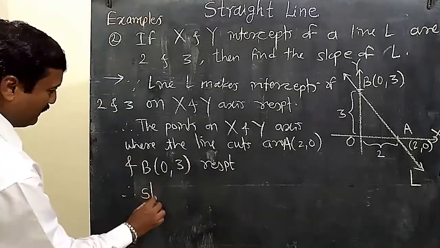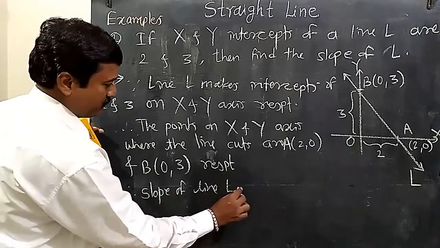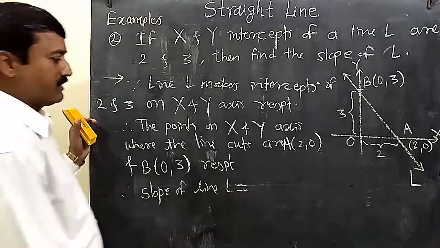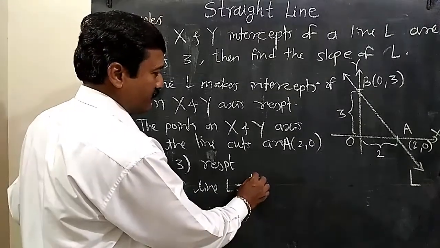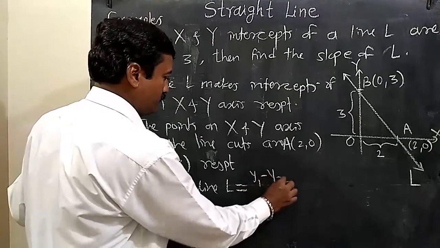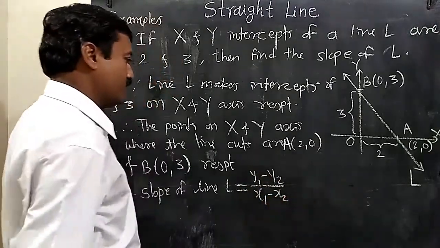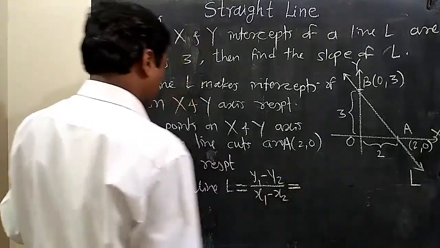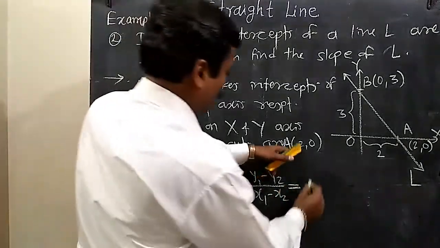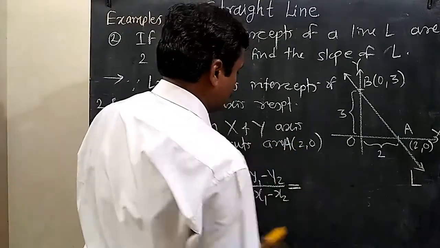Therefore, the slope of line L is equal to, by using the formula, (y1 minus y2) whole divided by (x1 minus x2).